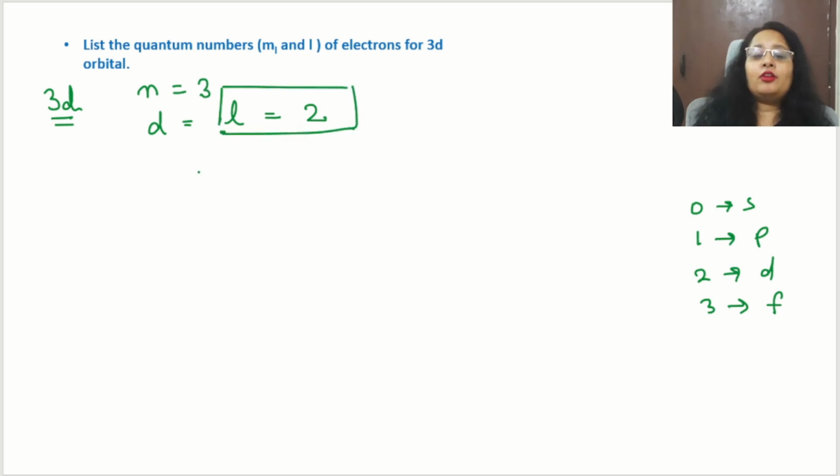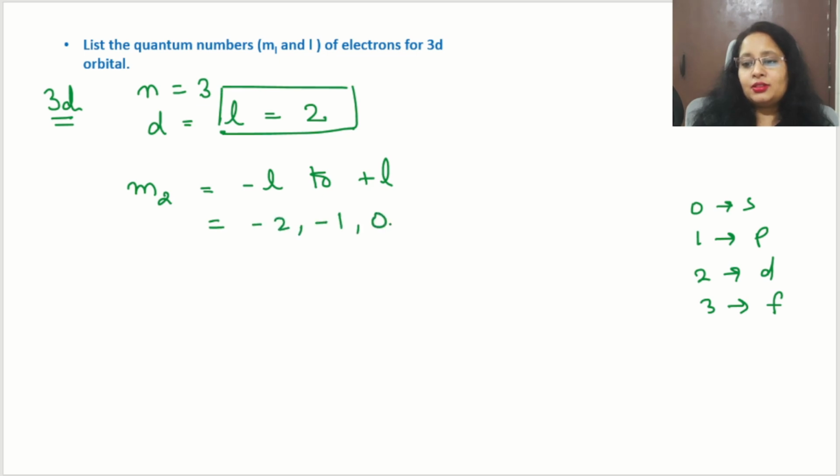Now if we get the value of l, from there we will calculate the value of ml. For l equal to 2, that will be minus l to plus l. It means minus 2, minus 1, 0, plus 1 and plus 2.